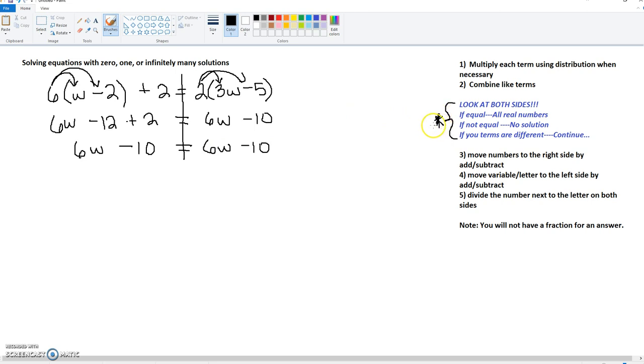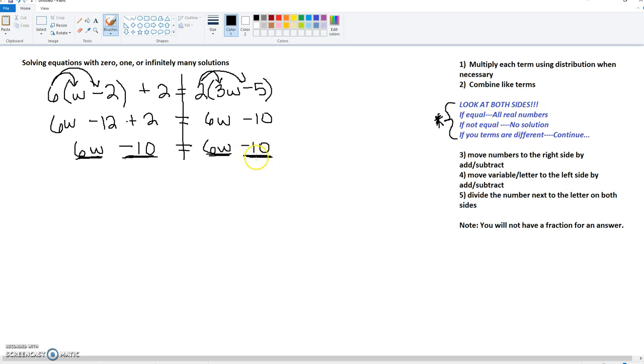Look at both sides. At this point, you need to see if they're equal. So you're going to look at your w's. Well, I've got a 6w here, and I've got a 6w here. So far they're both equal. Now we're going to look at our next numbers, and this is a negative 10, and this is a negative 10.